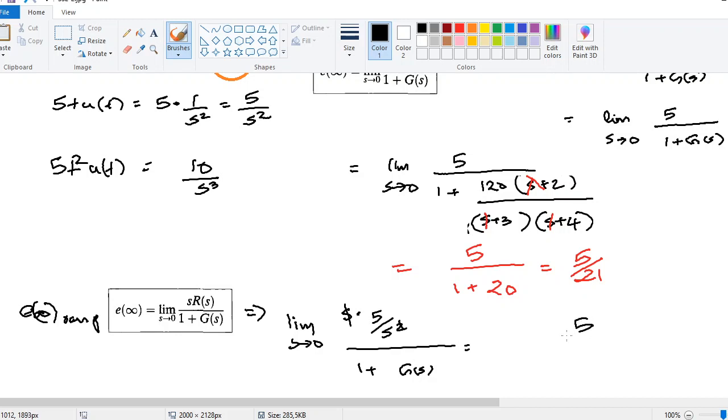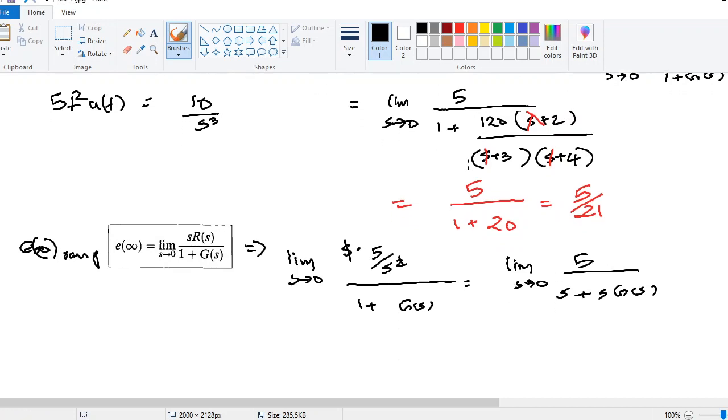So essentially this becomes 5 divided by s plus s into G of s, because the s at the numerator comes to the bottom. Of course there will be limit s tending to 0, and automatically this s becomes 0 when you apply limits. So this can be written as 5 divided by limit s tending to 0 s into G of s.